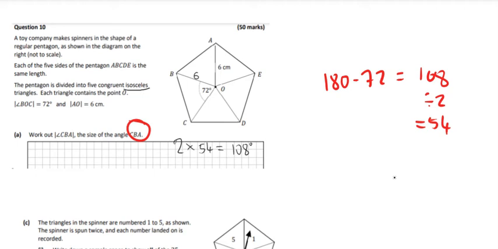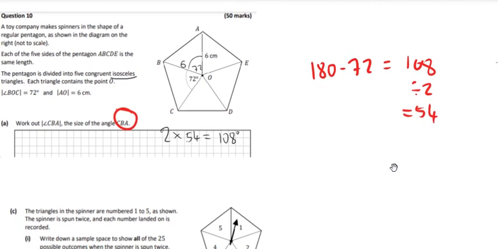This is the triangle AOB, so that's 6, that's 6, and in here has to be 72 again, and that's the only information we need. We know the other angles as well, the base angles, but that's enough.